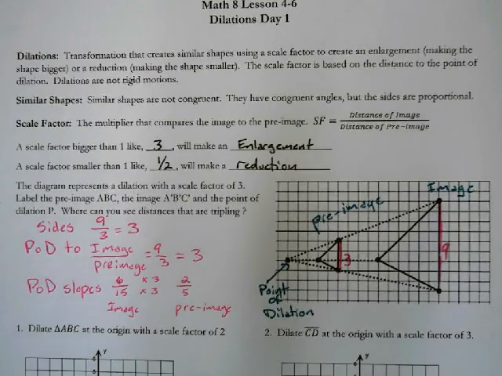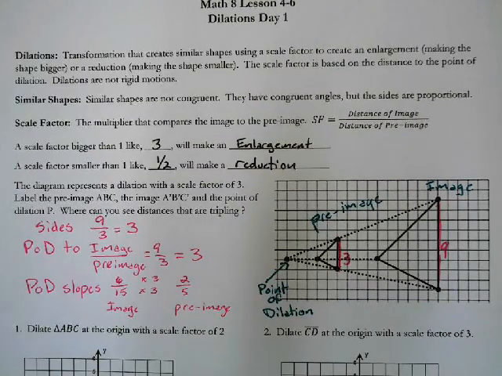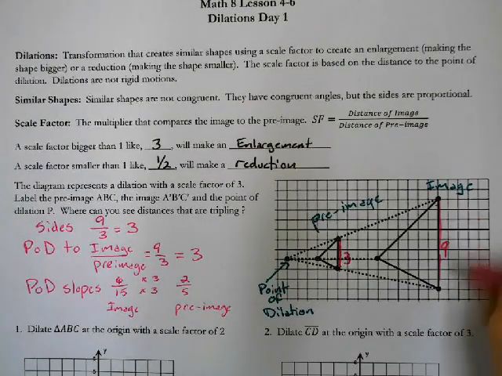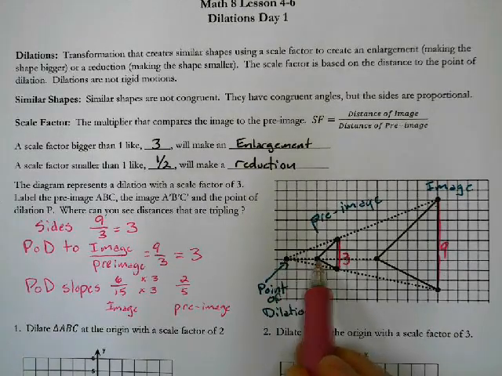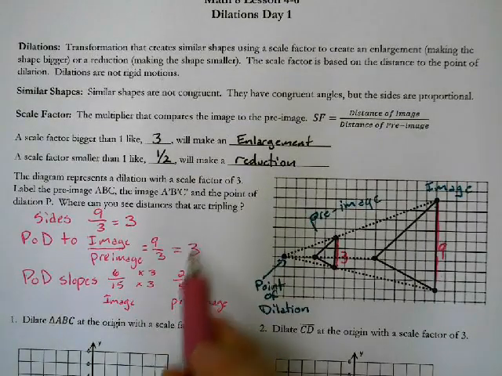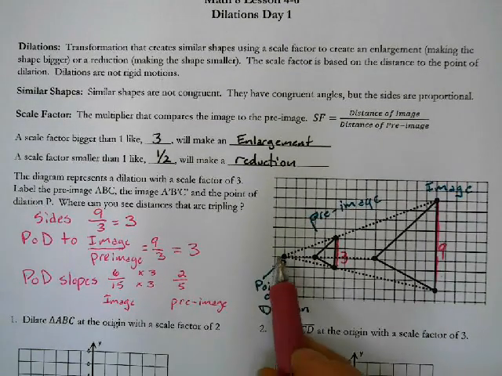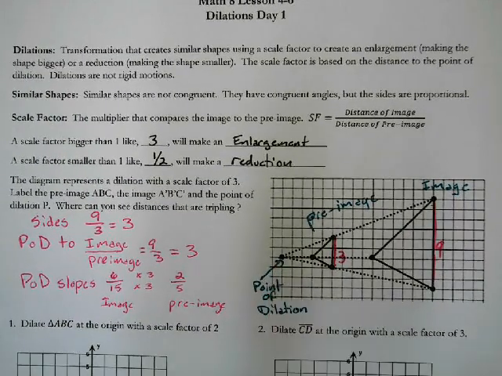So that's another place that we're seeing that tripling happening. So the sides are triple the lengths. The distance from the point of dilation to my pre-image and then my image also is a tripling. And then if I look at the diagonal lines here, the slopes are also tripling. Everything's tripling to get our new shape.